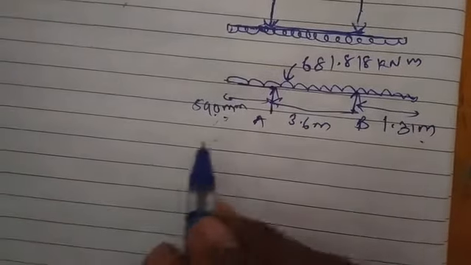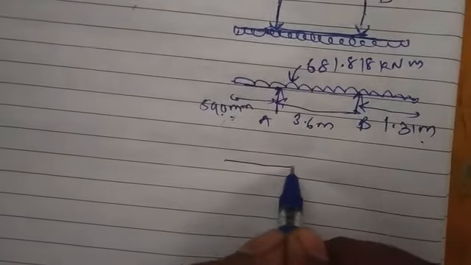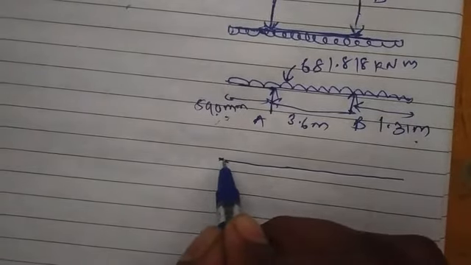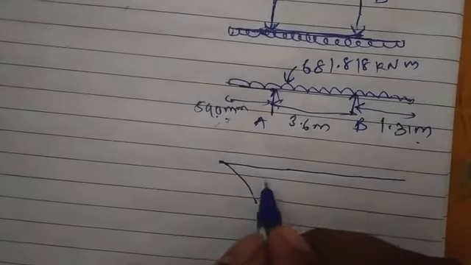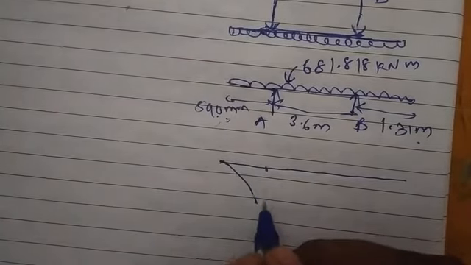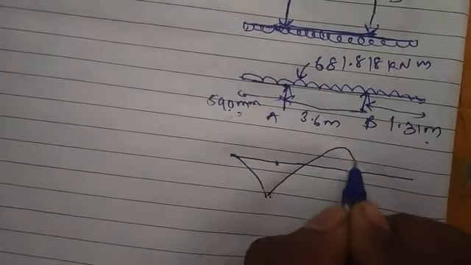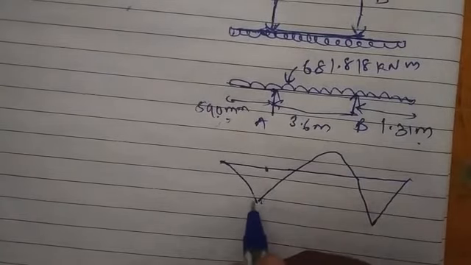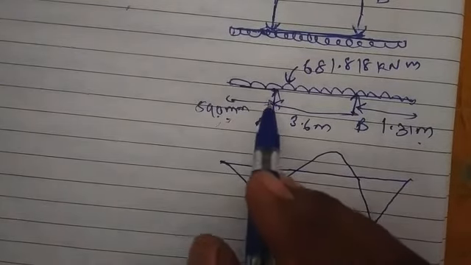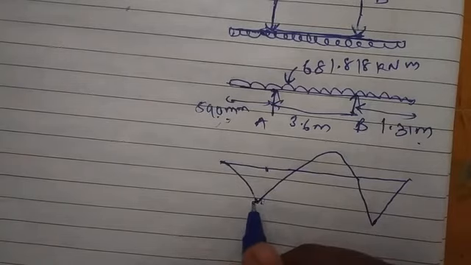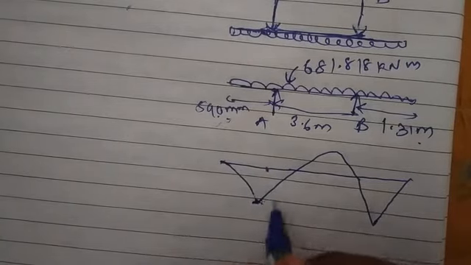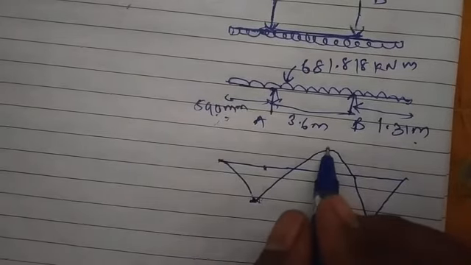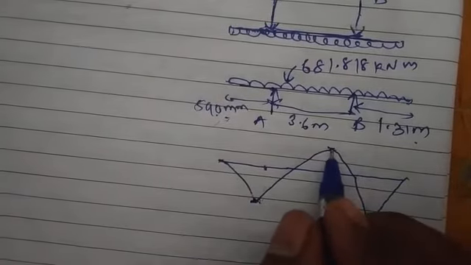If you approximately draw the BMD for this case, you will get BMD like this. Okay, it means that the point under column will create some sagging moment here, and the point in between two columns will have some hogging moment.